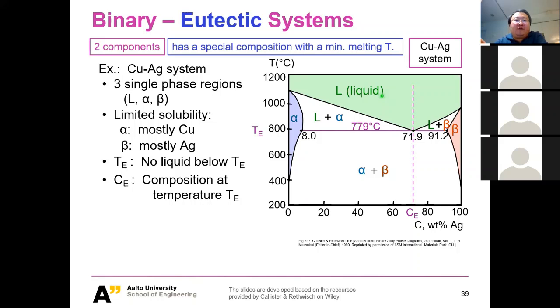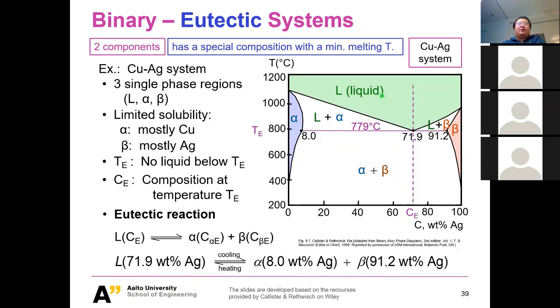What I didn't introduce is the so-called eutectic reaction. What is that about? At this eutectic point, when you cool it down, you go from a liquid phase directly into two solid phases. The same applies backwards.